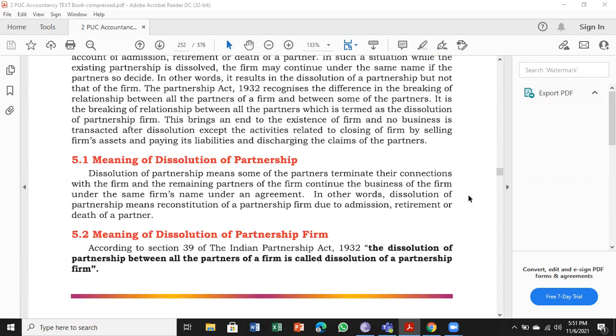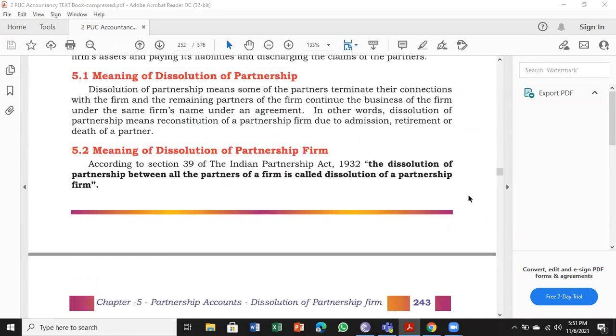They will sell all the assets of the business when they close the business, and with that money they will pay out all the business liabilities and the claims against the business, and later the partners' loan and partners' capital.